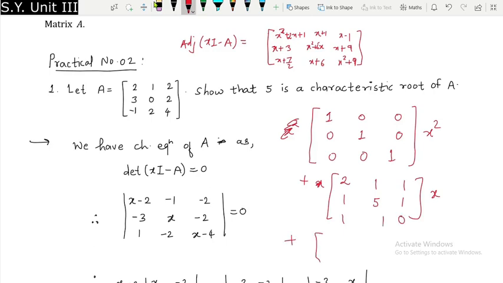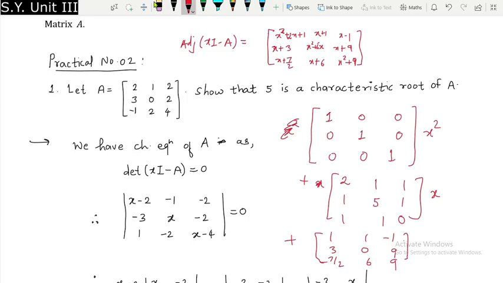Plus, and the last one left out is the constant matrix, which is going to be 1, 1, minus 1. All the constant terms we are going to pick: 3, 0, 9, 7 upon 2, 6 and 9. So I hope you are getting my point. Now the order of the matrix was 3. So therefore we got the terms of adjoint of xI minus A as polynomials of degree at most 2.